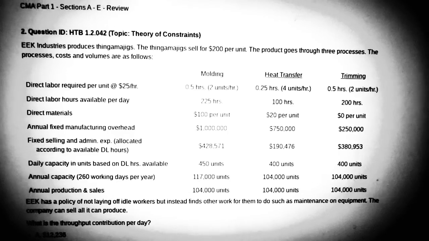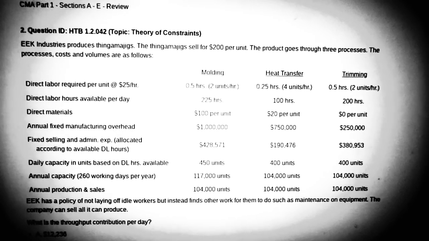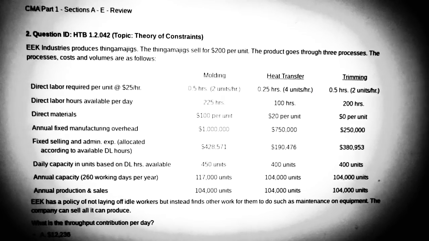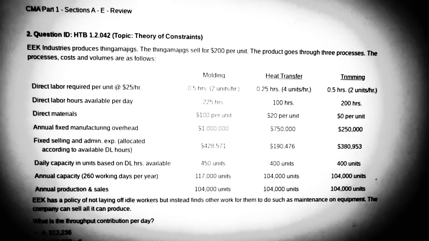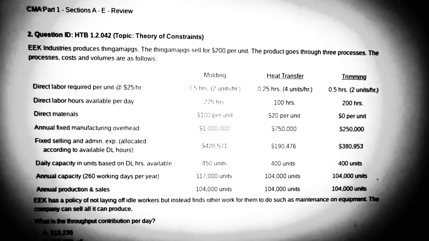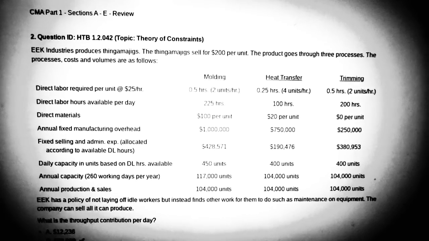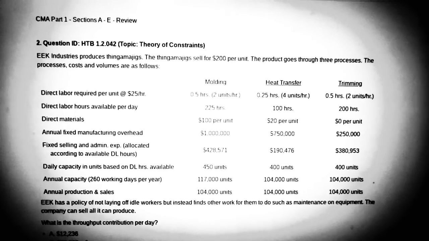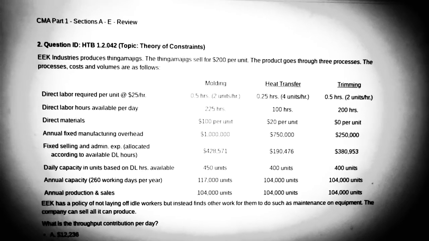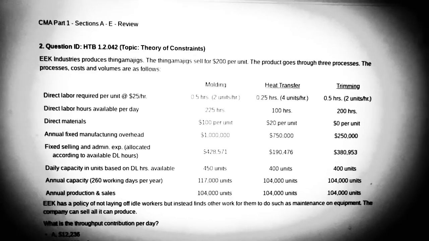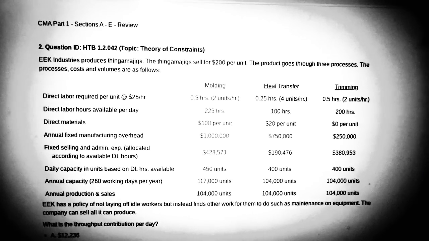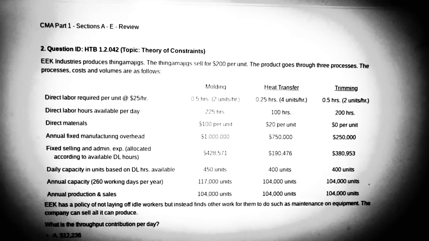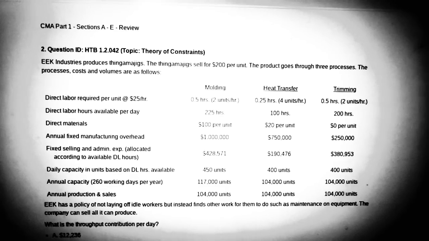So then the question is, find what is the throughput contribution per day, and you can only find that when you know how much is getting bottlenecked, which means how much is over your capacity on producing and processing the minimum required units per day.